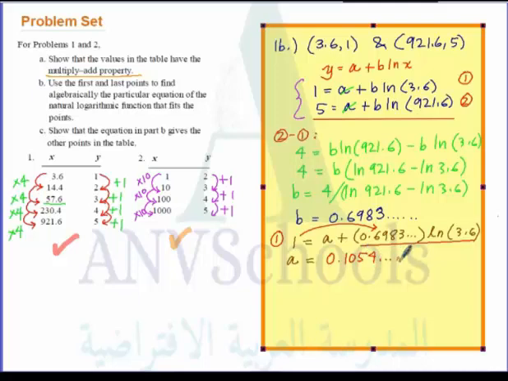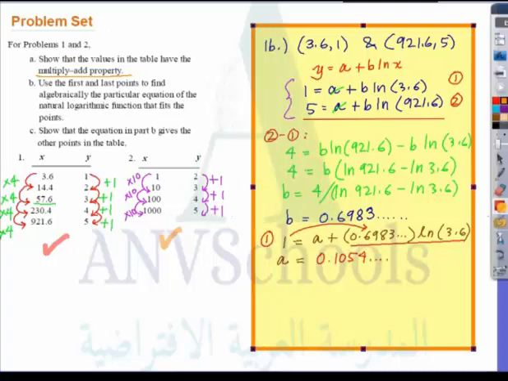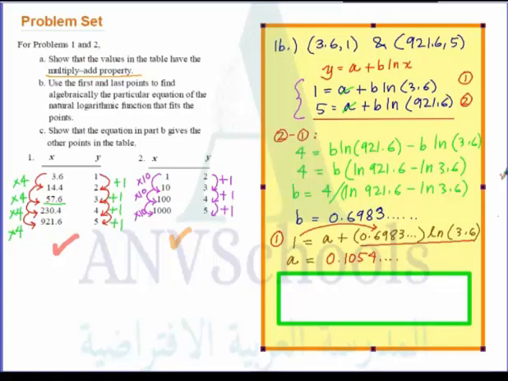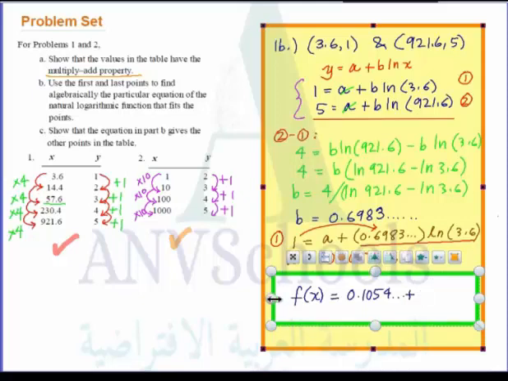Okay, so what is my equation? My equation is f of x equals, my a is 0.1054, plus b. I'm going to move this and expand it a little bit.